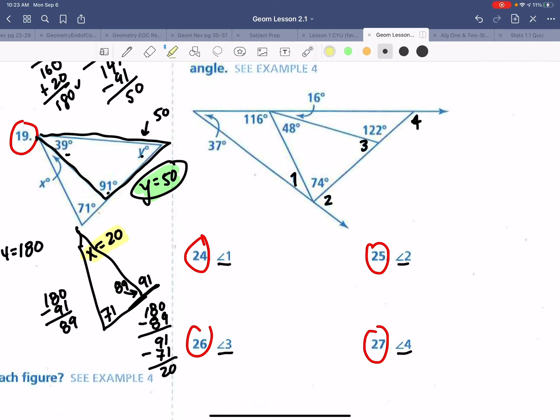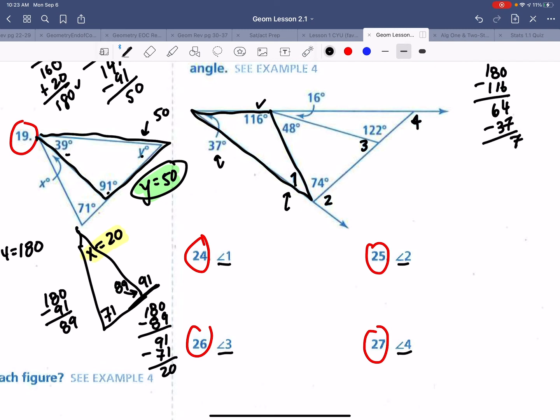What we do notice here is we've got this triangle, and we know two of the three angles, so we can do that, right? Angle 1 would be 180, take away this first angle, and then take away this second angle. All right, so that would be 27.